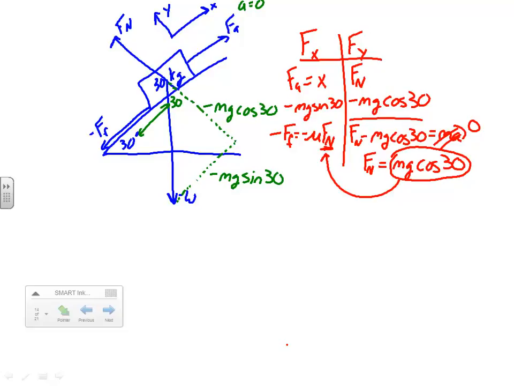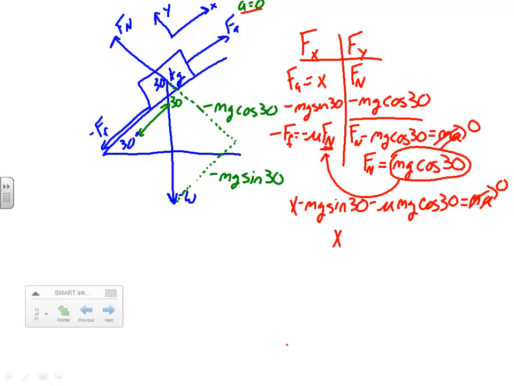So I will get x from the applied force minus mg sine 30 from the weight minus mu times mg cos 30, which equals mass times acceleration. I know this is going to be 0 again, because it says the acceleration is 0.